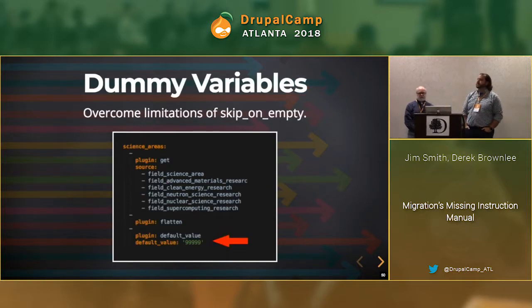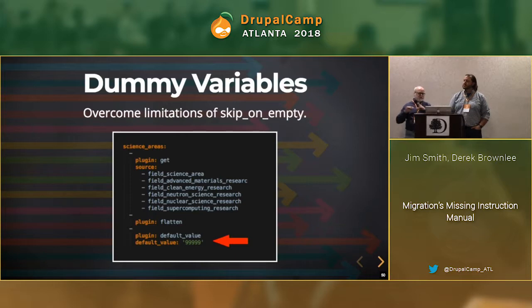We also created dummy variables, and sometimes these were used just to work around some issues that we had. For one thing, we found that skip on empty, a plugin that's used commonly, has some issues when the data is in an array. So, as you see, we were trying to combine a lot of sources into one, and then we flattened that array by using the flatten plugin.